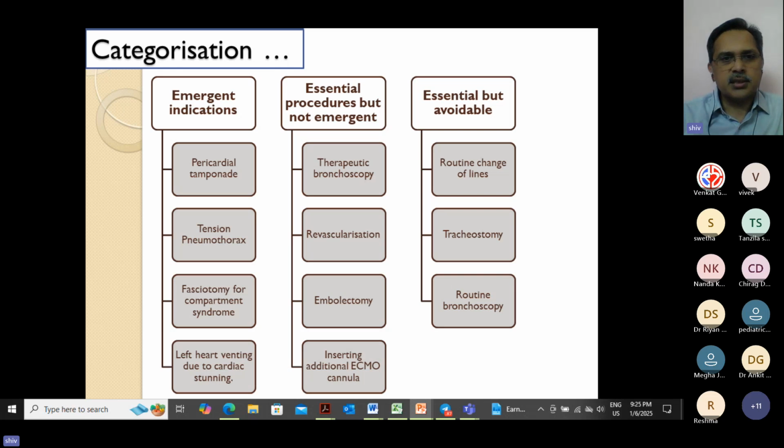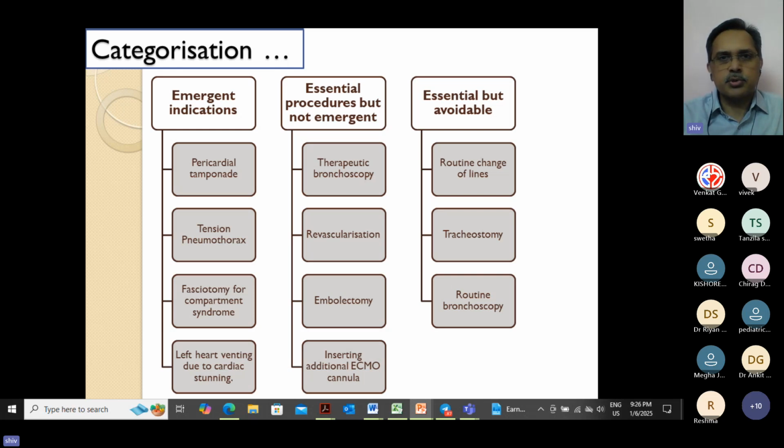And then there are certain indications like fasciotomy for compartment syndrome where it can become limb threatening, and then infections and quality of life, all that can get affected. So those are other indications. Then there are some procedures which are really essential but not emergent. That means things like therapeutic bronchoscopy, where it's not an emergency that has to be done, but of course they are important to enable successful recovery for which you have put the patient on ECMO.